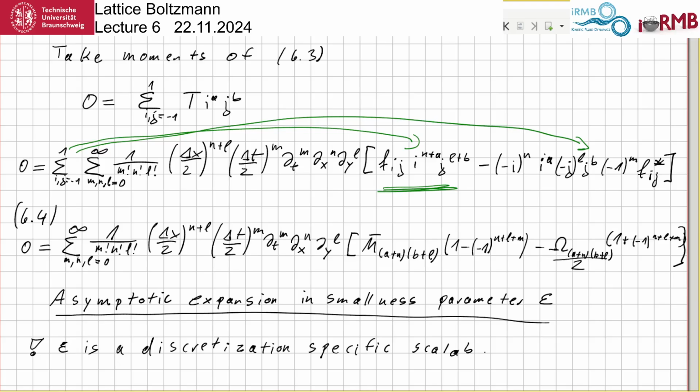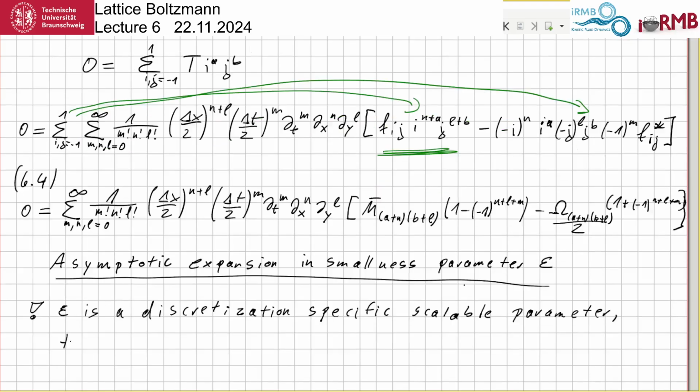This is important: it is something that we can choose. We can choose the resolution. If we cannot choose, then there's no smallness parameter. Typically it would be the grid spacing, the size of your finite element, or the time step. You already see the problem, because we have grid spacing and time step.